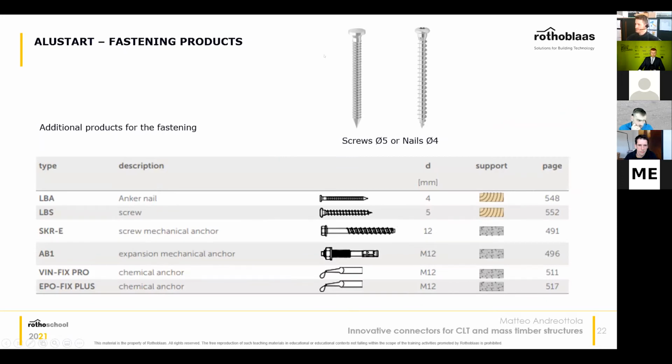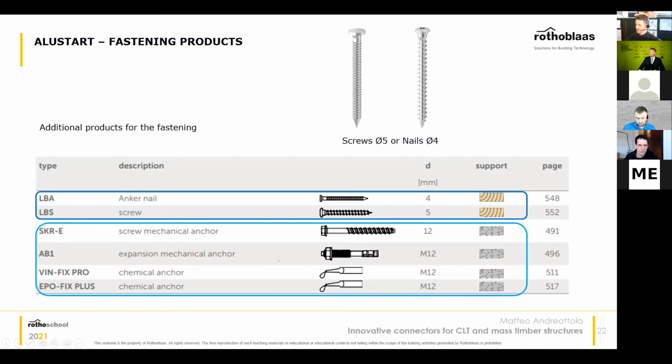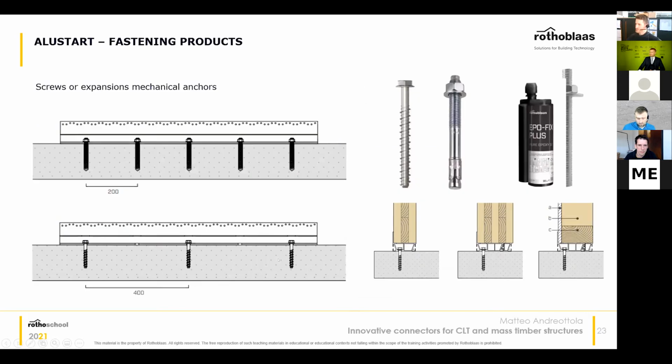You can decide to use both nails or other fasteners, like for example, these 5mm screws. And to connect concrete, you can use screwable mechanical anchors or expansion anchors or chemical anchors. Here as well, it depends really on which one you choose, the resistance that you get, basically.